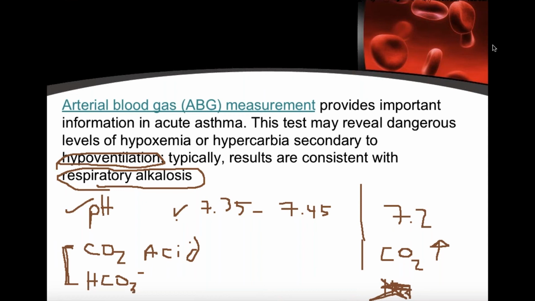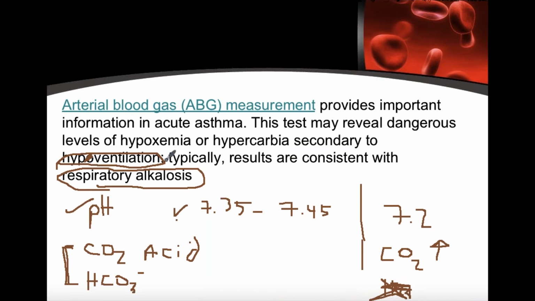Okay, expect to see hypoventilation. You know what? They've got this wrong. This should say hyper, right? They should say absolutely hyperventilation. I got this from a Medscape, matter of fact.